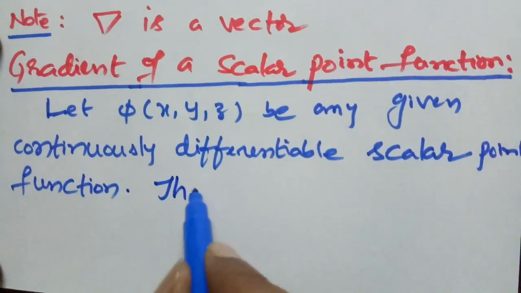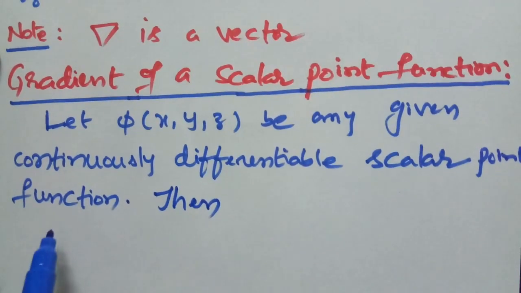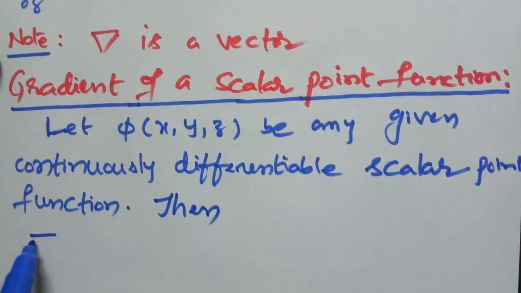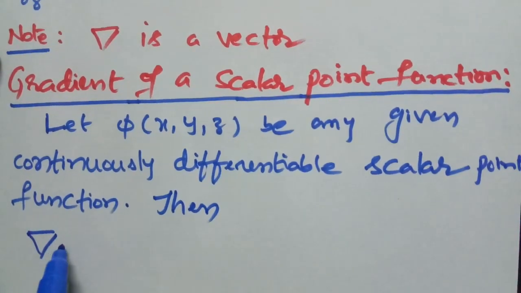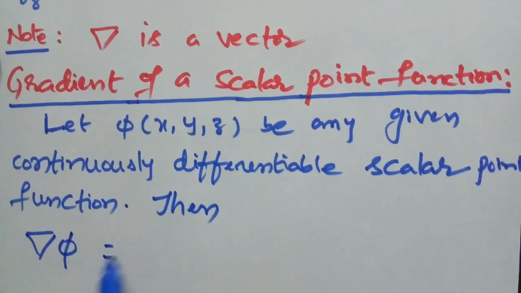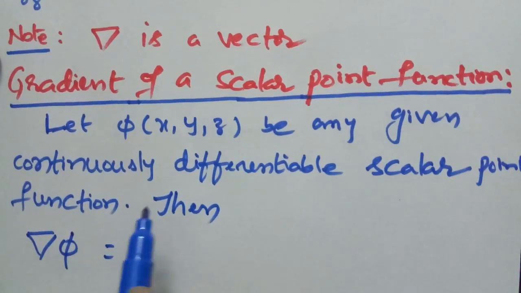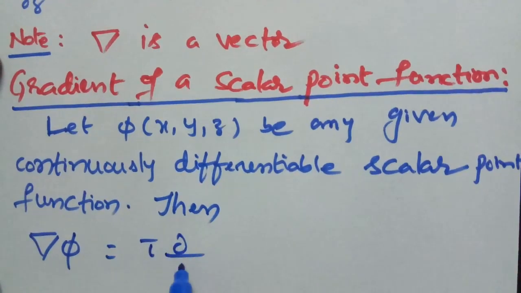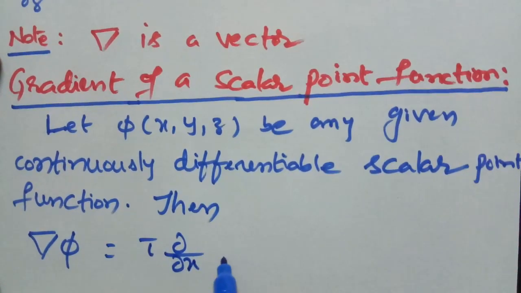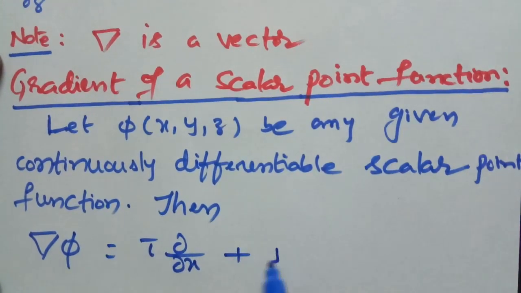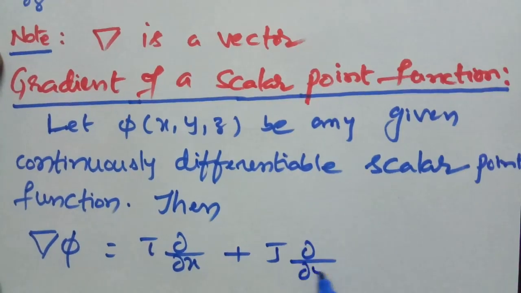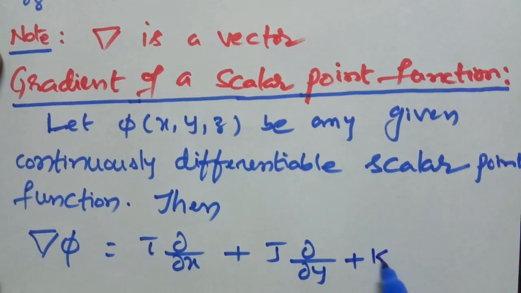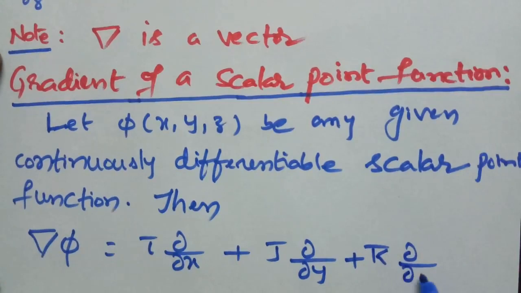Then del phi is equal to, del means we know that we defined earlier: i bar dou by dou x, j bar dou by dou y plus k bar dou by dou z.